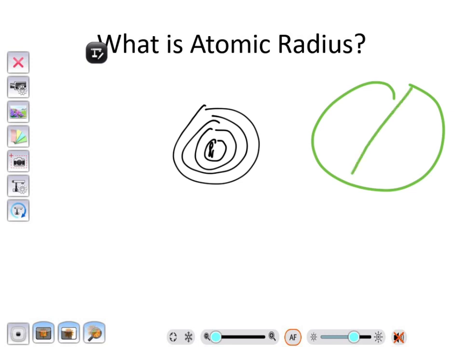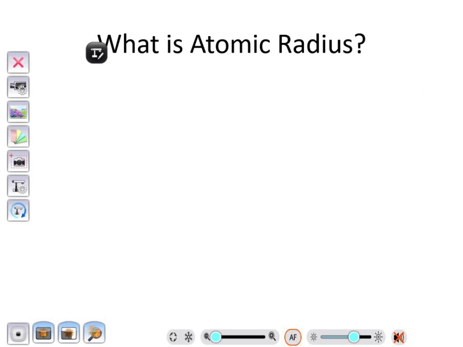That's diameter. So then radius is half that. So from the, what do we call this thing in the middle here? In the atom, it's called a nucleus. Yes. So from that nucleus out to those outer energy levels. So that's an atomic radius for an atom.